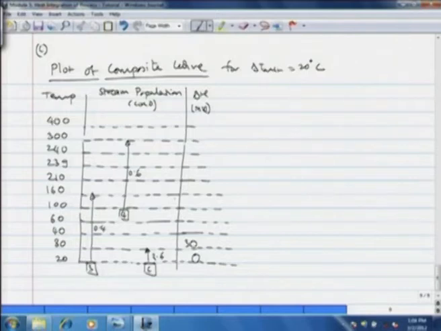So we will not have any change of slope, and therefore from 30 to 100, that is 70 into 0.4, that is 28, plus 30, that is 58. So at 100 degrees centigrade the total enthalpy of the cold composite curve will be 58 megawatt.